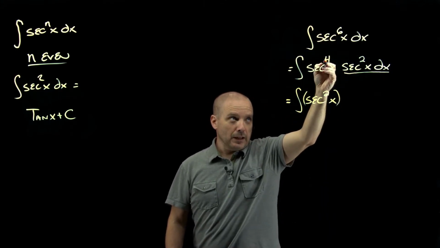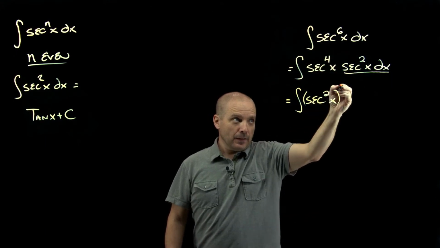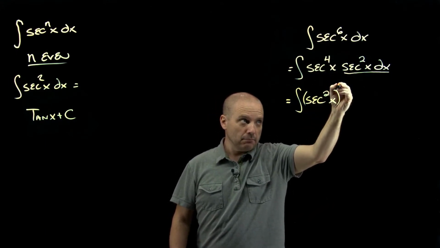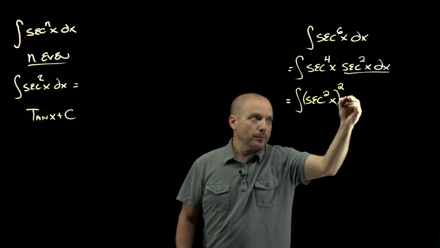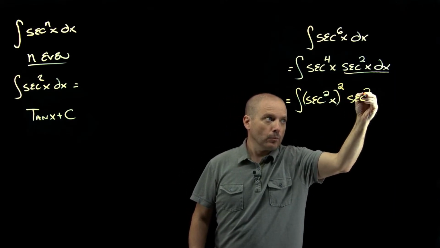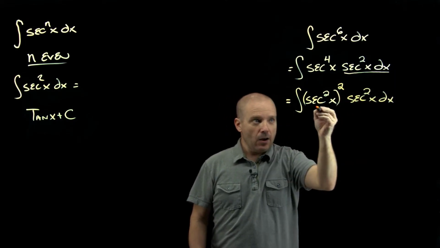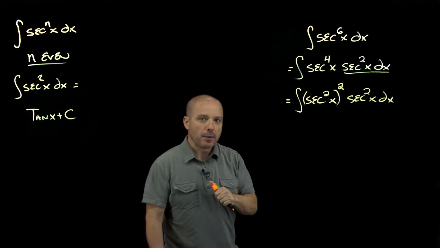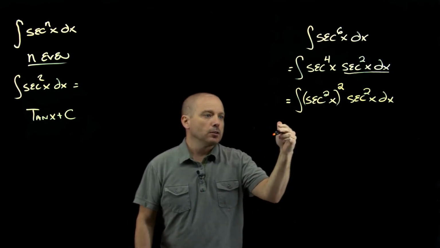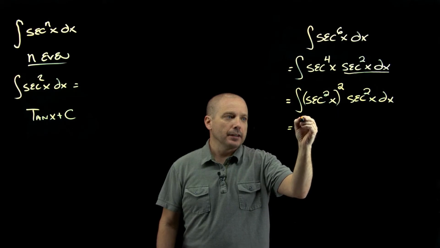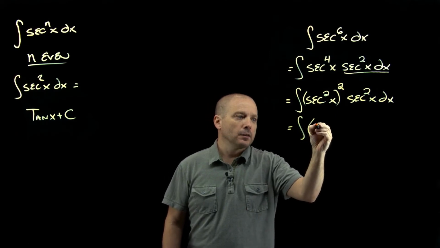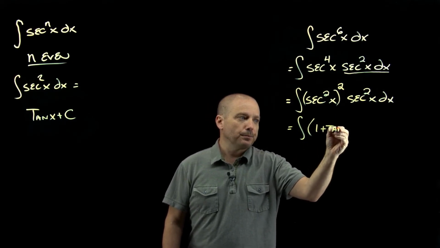This will only be 2 less, it'll still be even, and this number here will be half of that. And now, since you can rewrite this in terms of a power of secant squared, you can use the Pythagorean identity. Secant squared is 1 plus tangent squared.